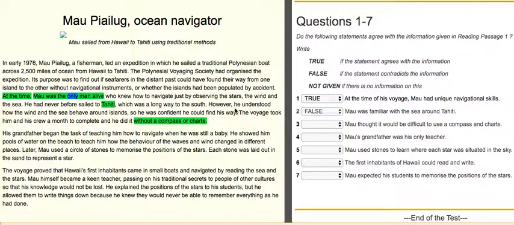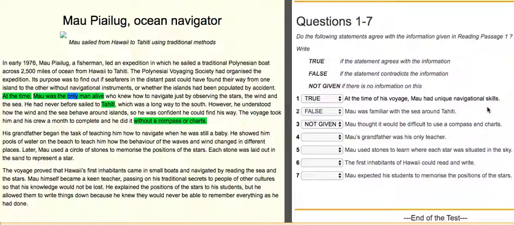He just says he understood how the wind and the sea behave around islands, so he was confident he could find his way. So you cannot find the part about difficult, which means a small piece of information is missing, so it must be not given. Remember, if you don't have any evidence to either claim it is correct or indicate it is completely wrong, then please pick not given.